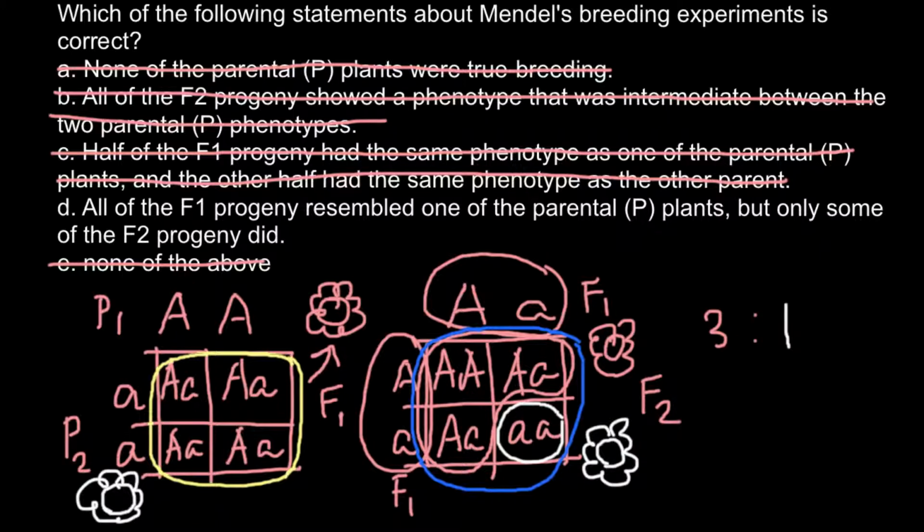And only some of the F2 progeny did. So this is also true. This is the F2 generation, and only some, 75%, resembled parent 1, and 25% resembled parent 2. So the correct answer would be D.